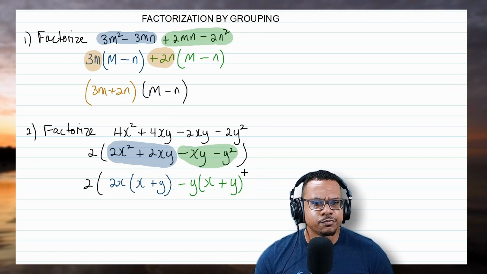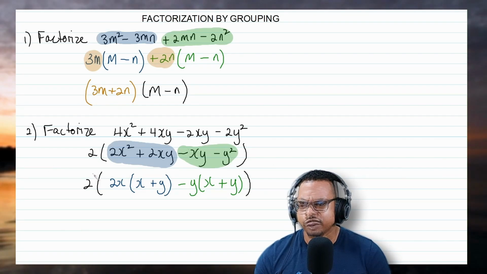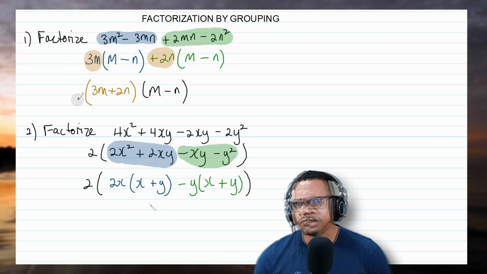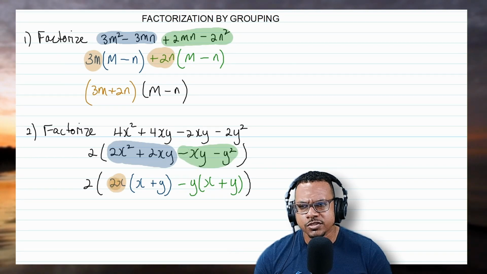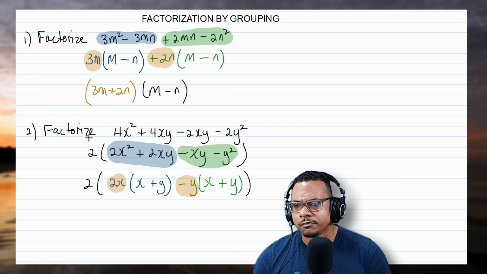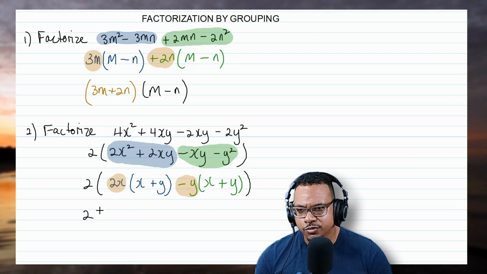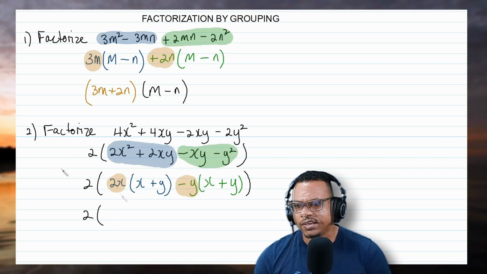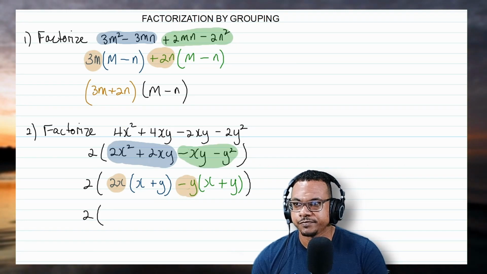Now I'm going to put this bracket at the end here to close off the bracket that we started here. So I'm going to take these 2 terms outside the brackets, the 2x and the negative y. But first, I'll write 2, open brackets like that. And then I'm going to take these two terms, the 2x and the negative y, and put them in brackets.